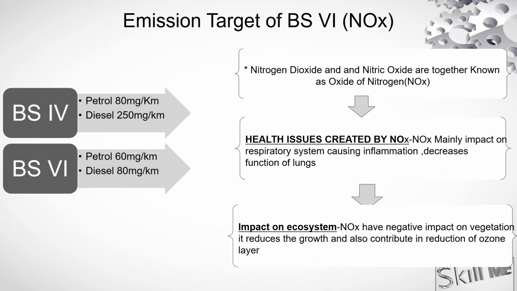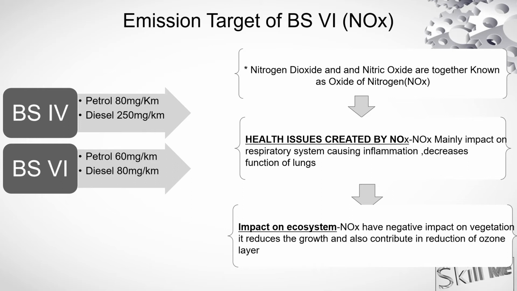Nitrogen is released during combustion of fuel, which combines with oxygen atoms and creates nitric oxide and nitrogen dioxide. Nitrogen dioxide and nitric oxide are together known as oxides of nitrogen or NOx gases. Let's see what its effect is on our health. NOx mainly impacts our respiratory system, causing inflammation and decrease in functioning of lungs.